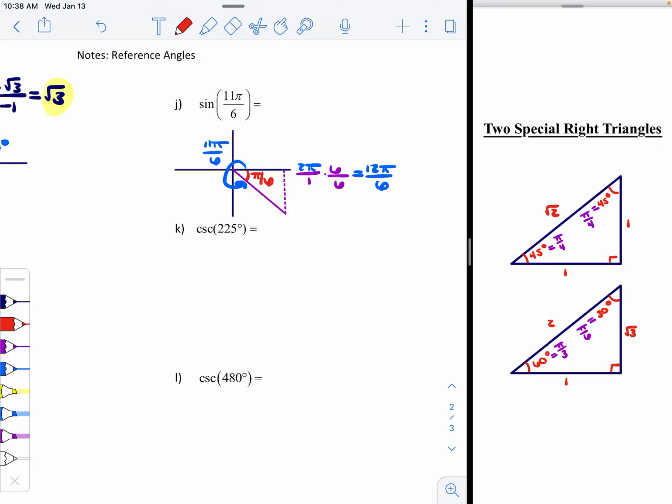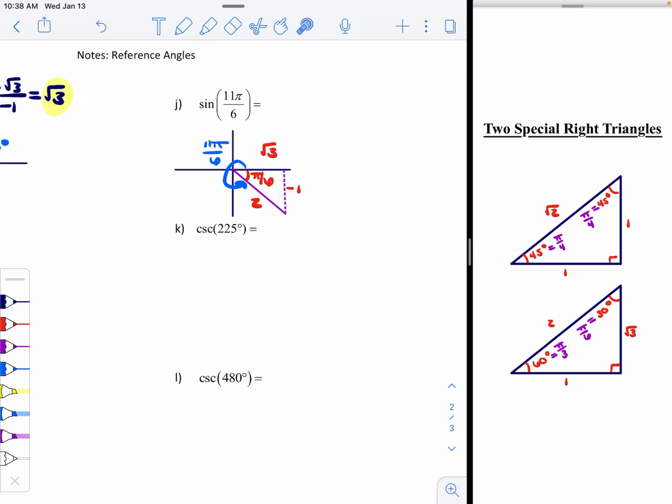Again, with fractions always think common denominator. 2 pi, using this denominator of 6, is equivalent to 12 pi over 6. We've gone 11 over 6, and we have to get to 12 over 6, so we just need 1 pi over 6 more to get there. So that is going to be our reference angle.